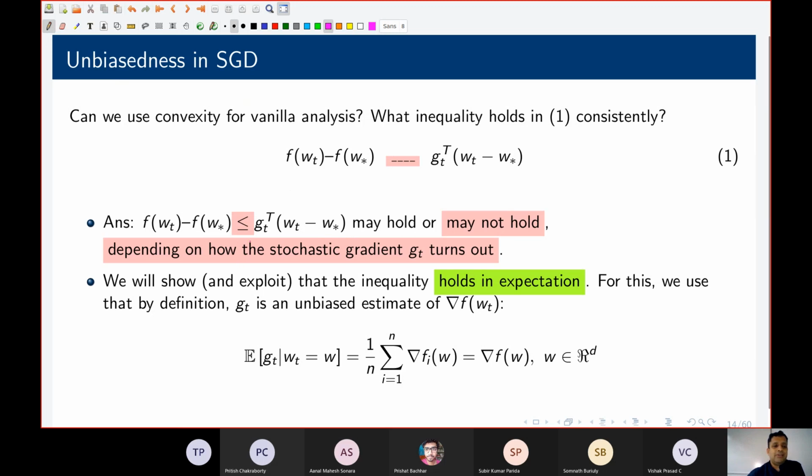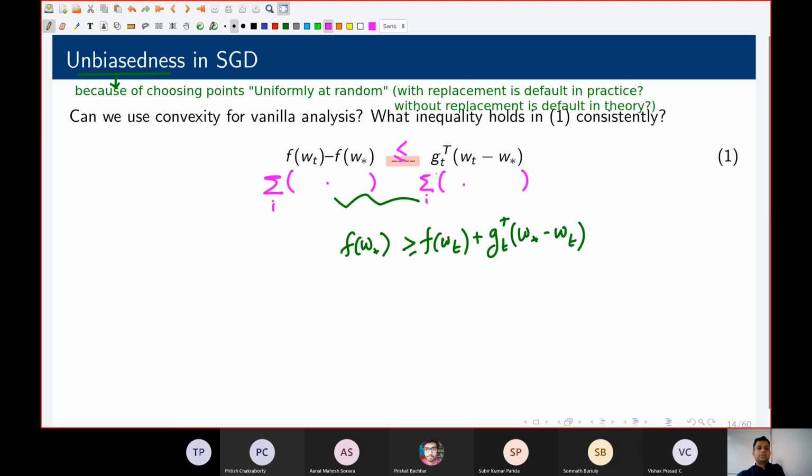Now the thing is, this may hold or may not hold depending on how the stochastic gradient GT turns out. Why? Had we computed over the entire thing on the previous slide, we would have been sure.